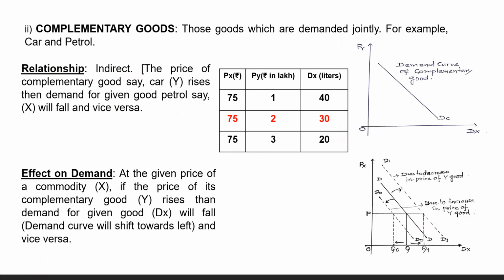Next, if the price of complementary goods decreases, demand will increase, and if the price of complementary goods increases, then the demand will decrease.